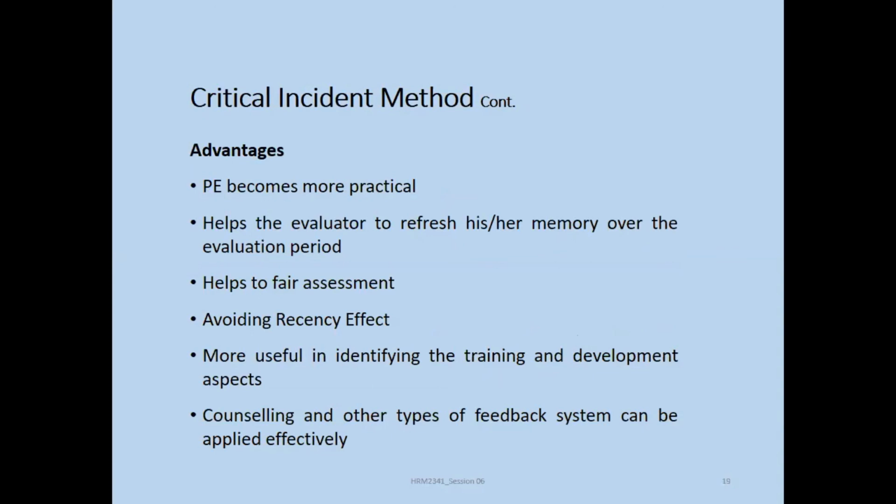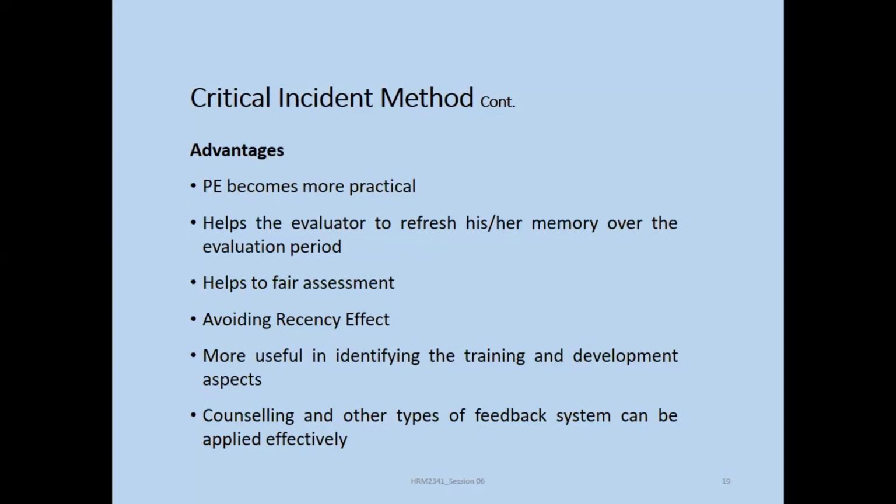Firstly, the advantages. We become more practical because all these critical incidents are real incidents recorded by the evaluator. Therefore, if the evaluator judges that this employee is good to promote, and we ask the evaluator, they have evidence with the logbook.